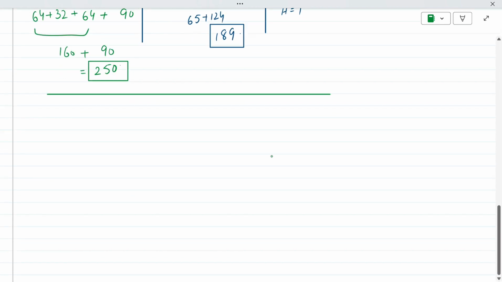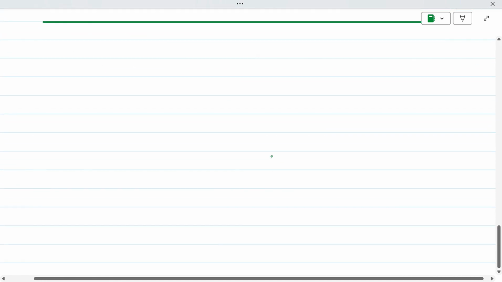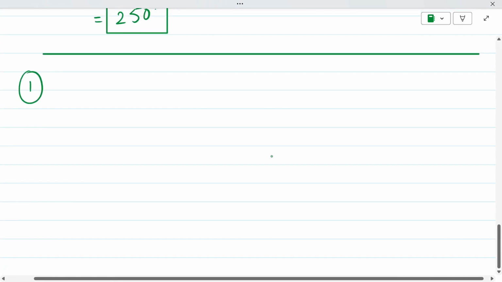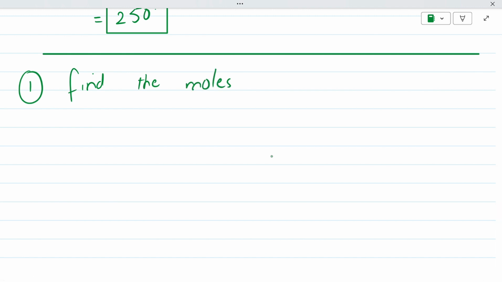Let's now calculate the moles of some substances. We have question number 1. Find the moles of the following. Now we are focusing on finding moles from the given mass.